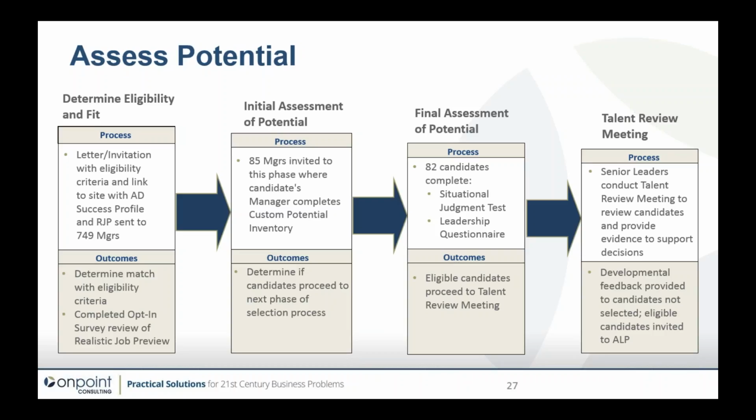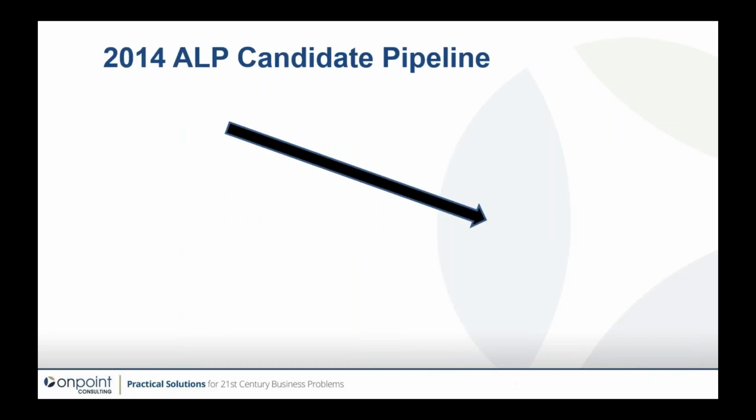And they're also asked to complete 2 self-assessments on leadership style and leadership behavior. And these are validated instruments that are also legally defensible. And then we use that and put together a profile of these eligible candidates that move toward the talent review meeting, and the senior leaders review the data and identify the people who will be part of the next cohort for the program.